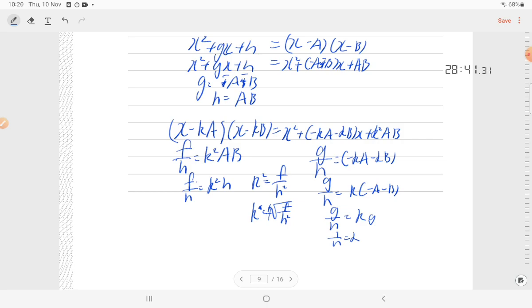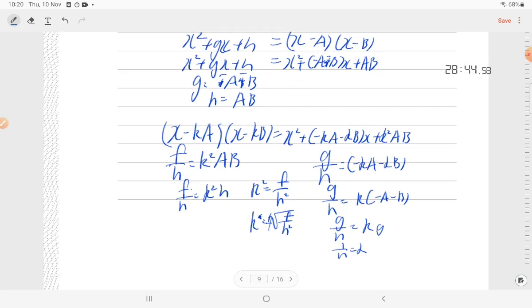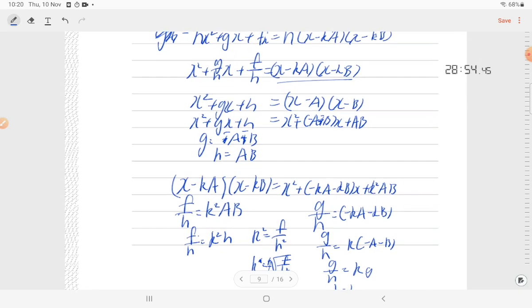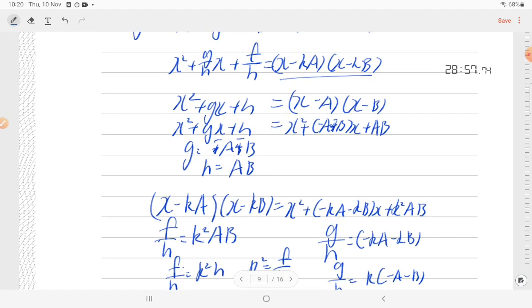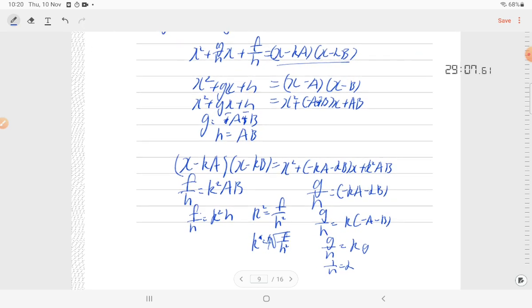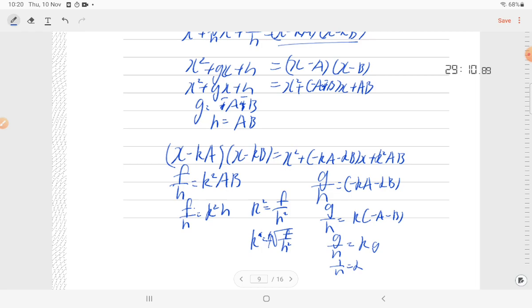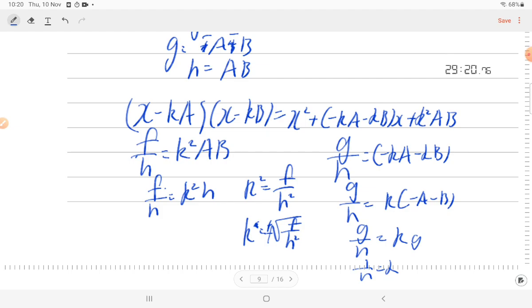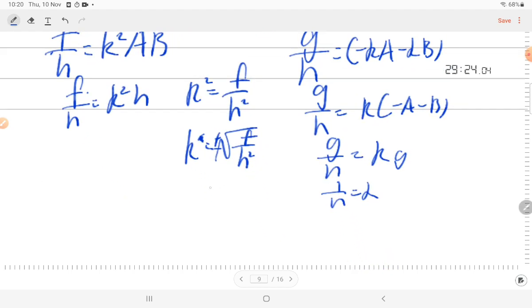Wait, did I go wrong somewhere? k squared is equal to ab. g over h is equal to negative ka take away kb. k brackets negative a take away b, so k g. k is equal to, oh no, I got plus squared.